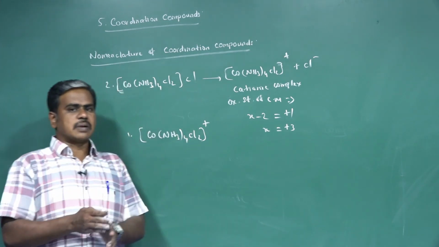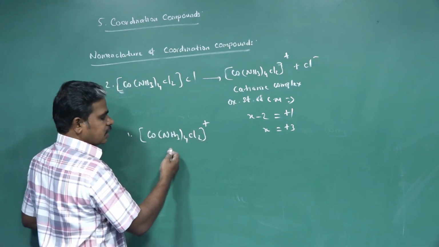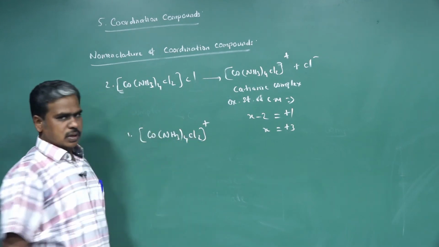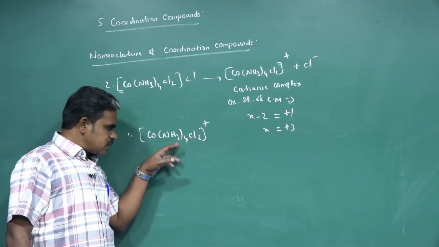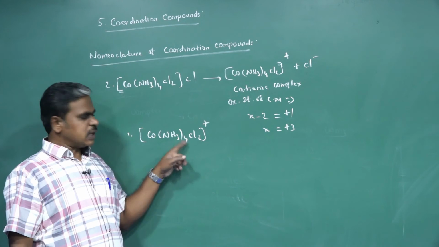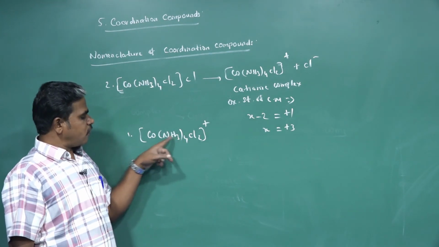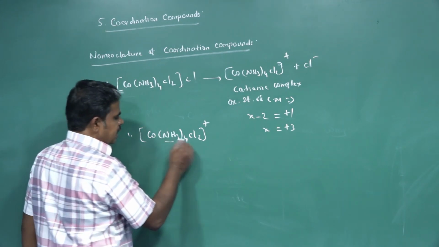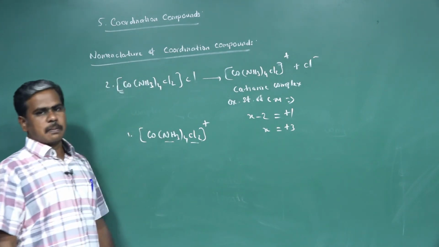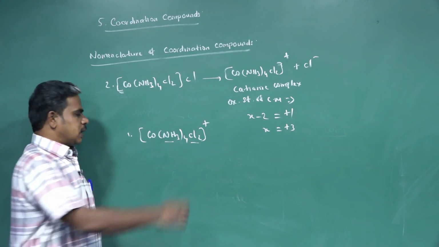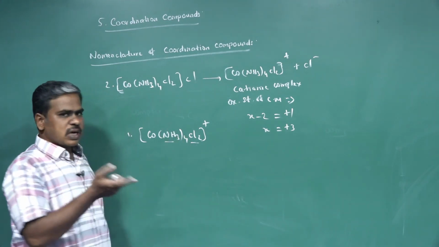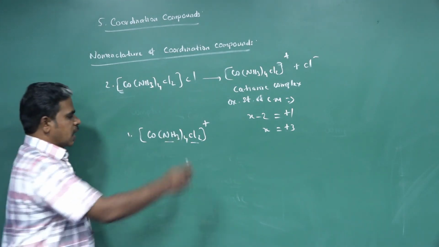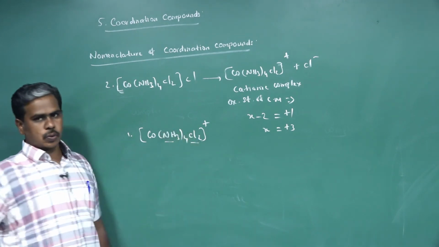So it is a complex, so we first take the coordination number. Here the coordination number totally is 6, but it is split into 4 for ammonia and 2 for chlorine. It is a heteroleptic complex. What is heteroleptic? Here there are two types of ligand. Which one comes first according to the alphabet? Ammine and after that chlorido.